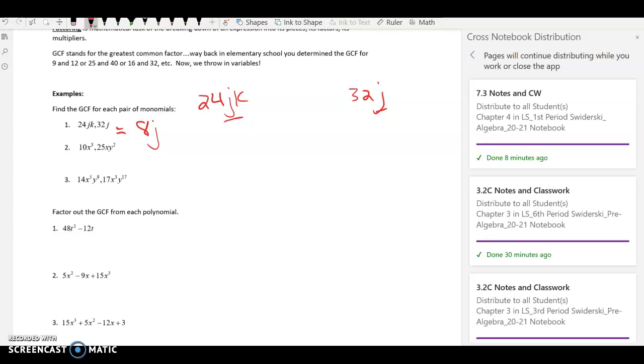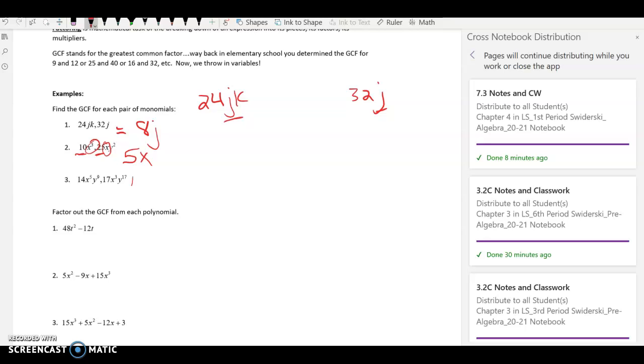For 2, my greatest common factor between 10 and 25 is 5, and they both share x. So I can pull out a 5x. For 3, 14 and 17, well, for 14, I know we have 1, 2, 7, and 14. 17 is prime though.